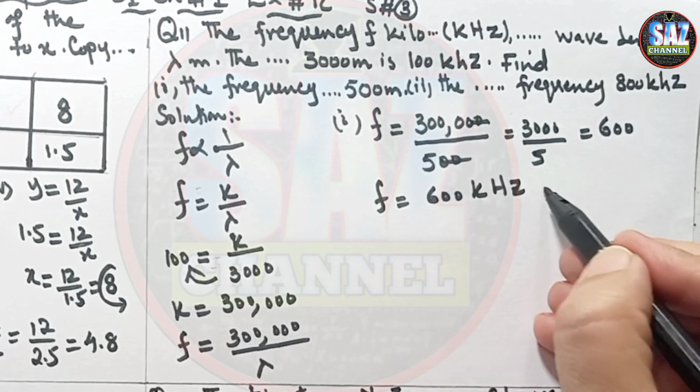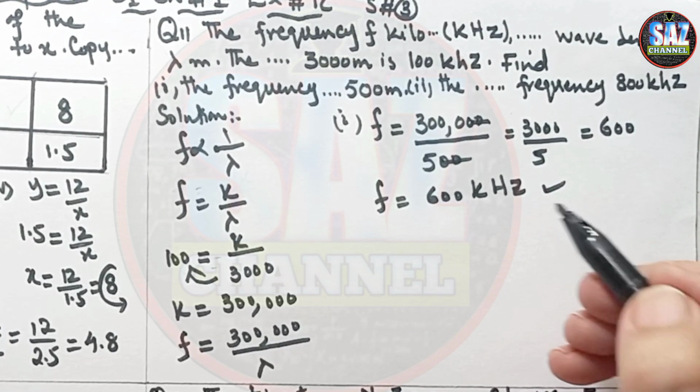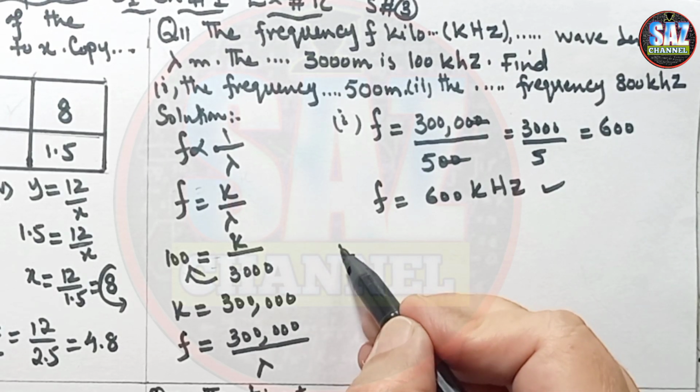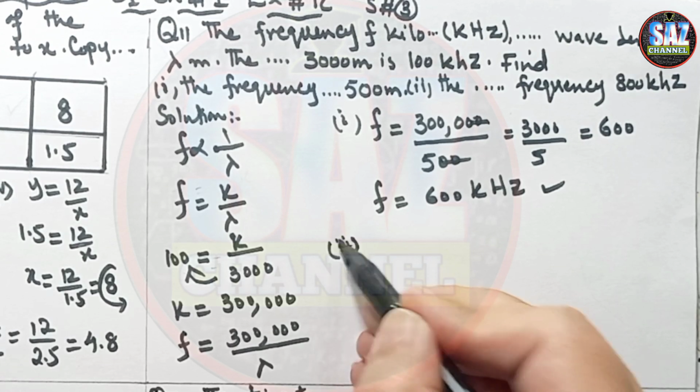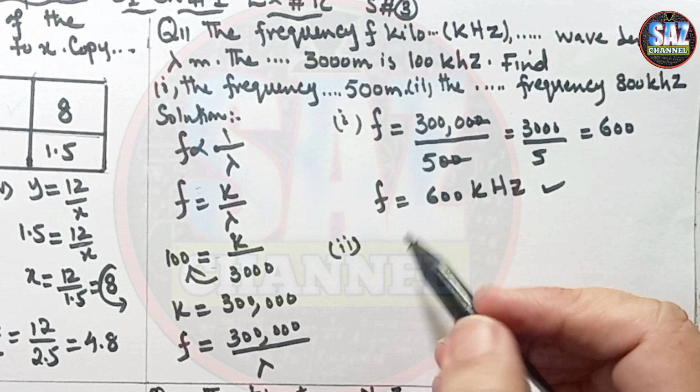And now let's move to the next question that says the wavelength of the radio wave that has the frequency 800 kilohertz. Now in this question the frequency is given and we have to find out the wavelength of the radio wave.